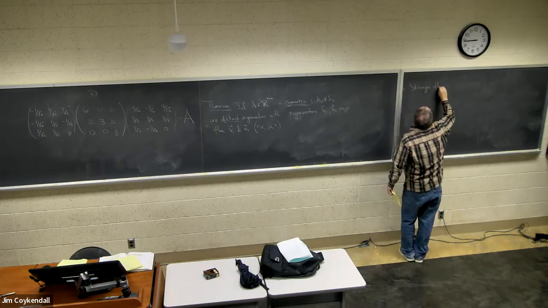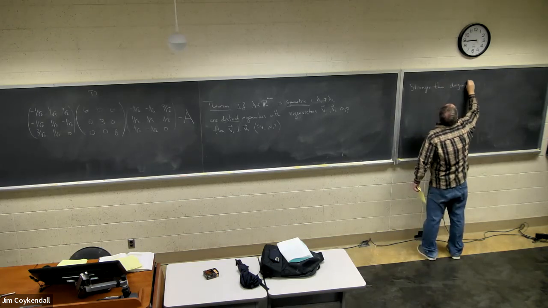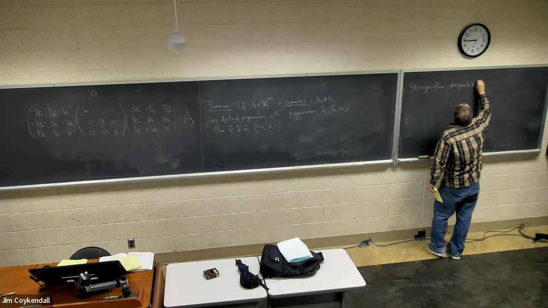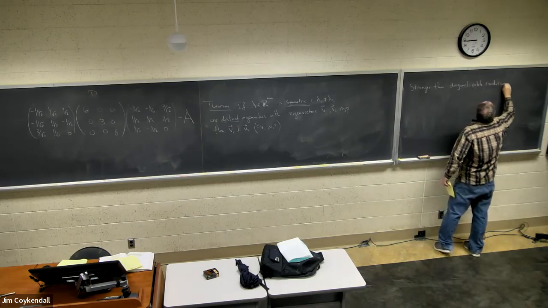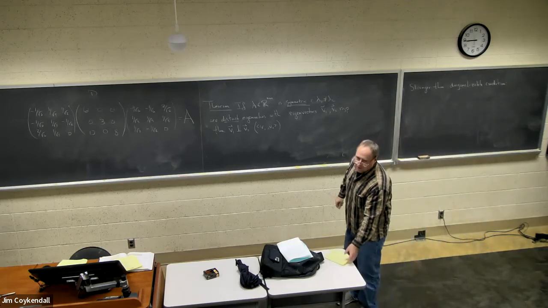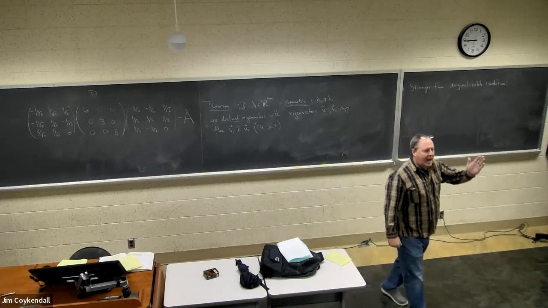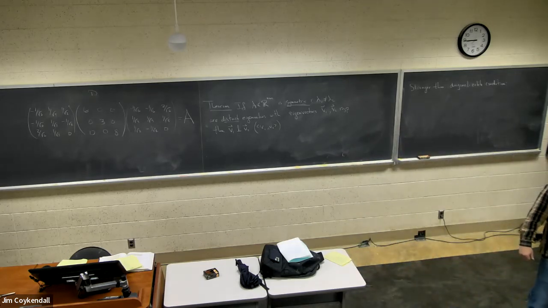Here's something stronger than diagonalizable. If we have an n by n matrix with n linearly independent eigenvectors, then you can always diagonalize the matrix.